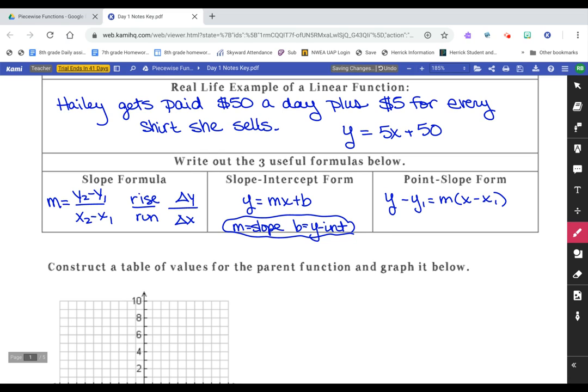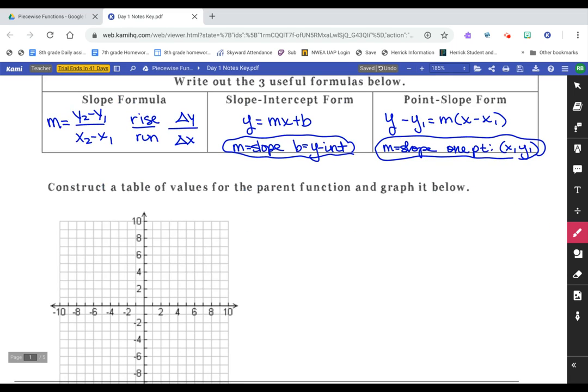And you can use this when you have your slope and you have 1 point, which would be your x1, y1. All right, so if we were to graph, let's graph y is equal to negative 3/5 x, and we'll say plus 7. We would start on the graph at 7, and then this is your slope, and you would go down 3 to the right 5.